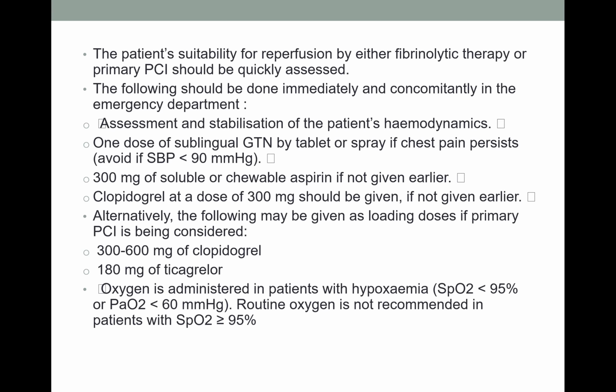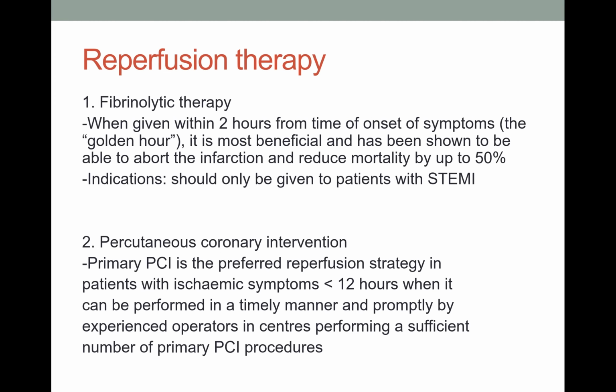Okay, so basically it's just a repetition, the 4 things we give, and at the same time assessing which reperfusion therapy is suitable for the patient based on their onset of symptoms. So now I'll move on to reperfusion therapy. As mentioned just now, there are 2 types, fibrinolytic as well as PCI.